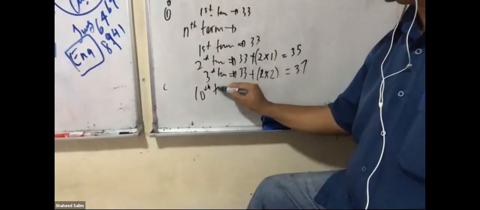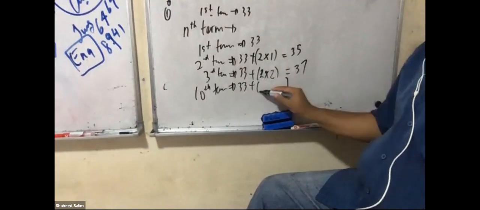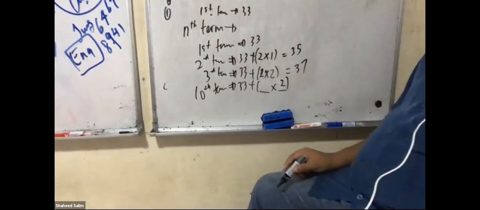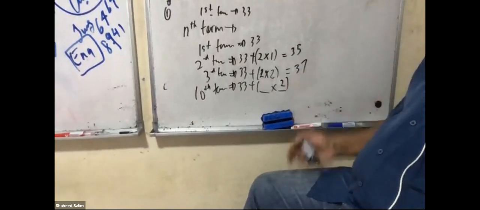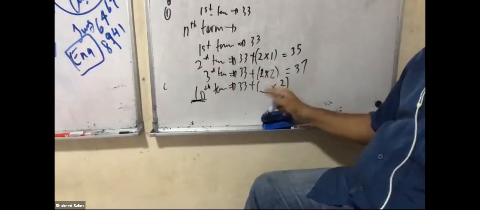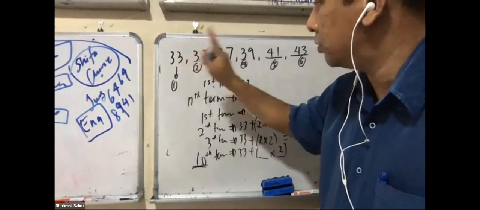If I ask you what is the 10th term, you must see the pattern. 10th term is 33 plus what? How many times 2? Look at this. How do you get 35? Take 2 times 1.